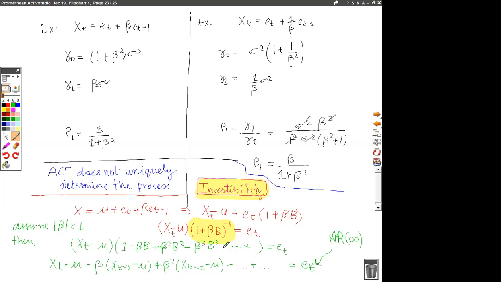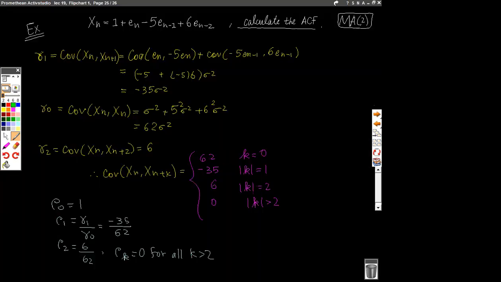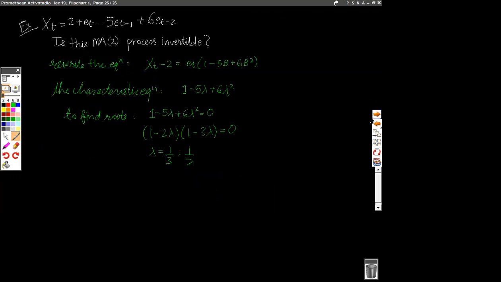Do you guys understand the difference? This is very important. The characteristic equation that I have here is the expansion of the inverse of this, and the roots I want to be less than 1. But what I'm looking for in the question that I have is the roots of this equation right here.